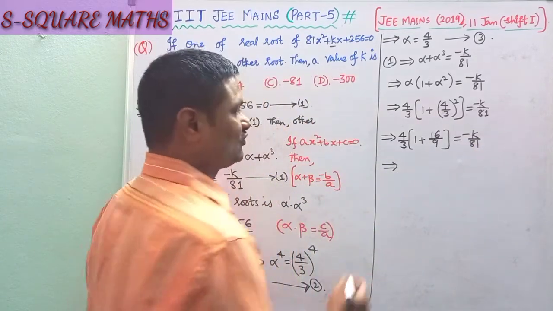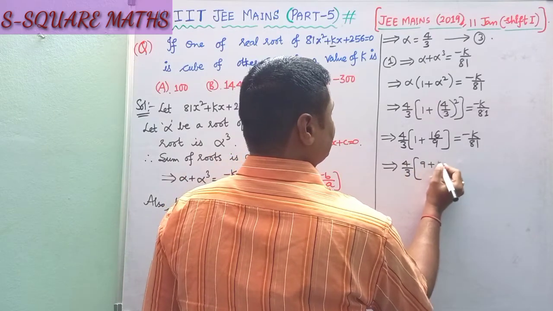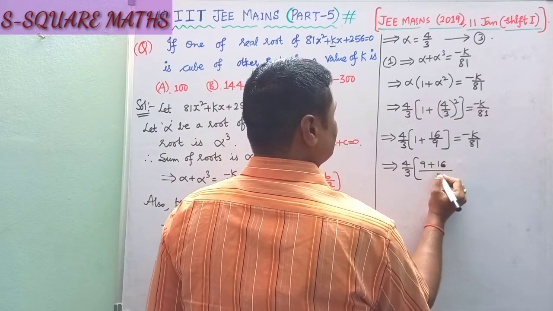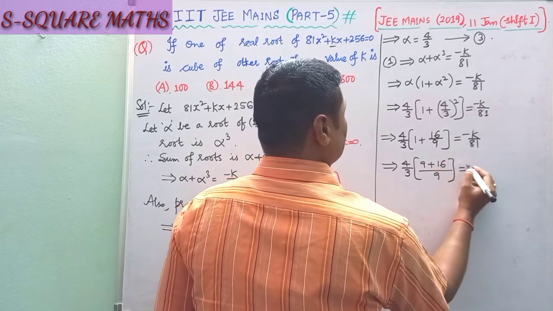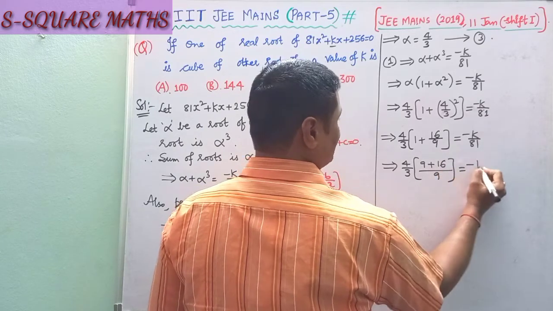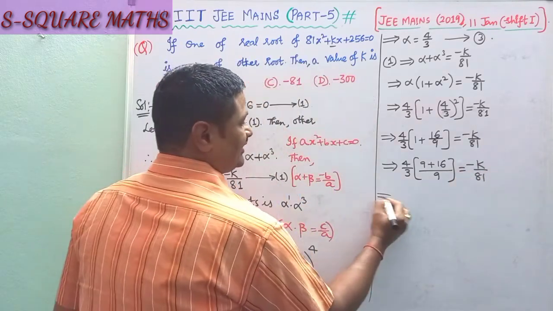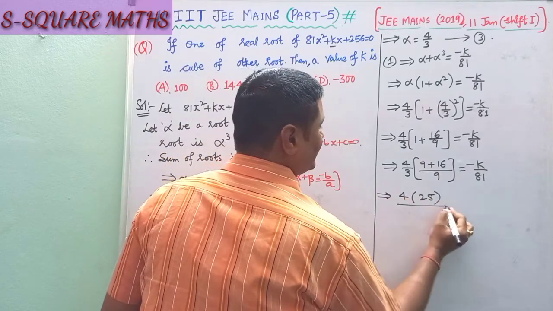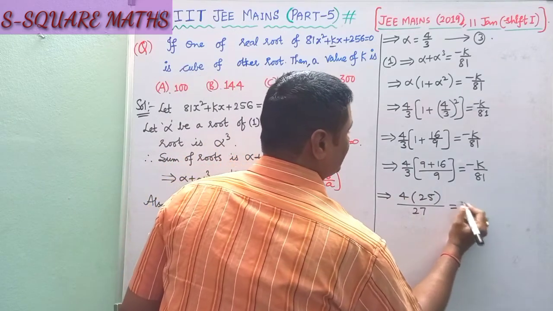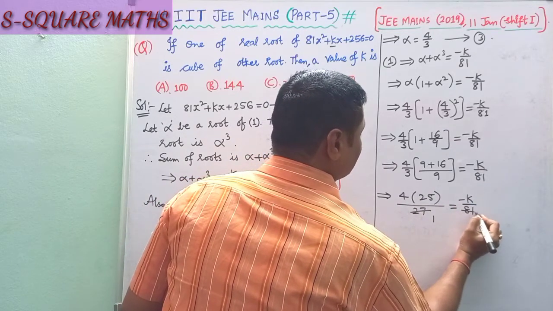Next, 4 by 3 into 9 plus 16 by 9, so 4 into 25 by 27 is equal to minus k by 81.